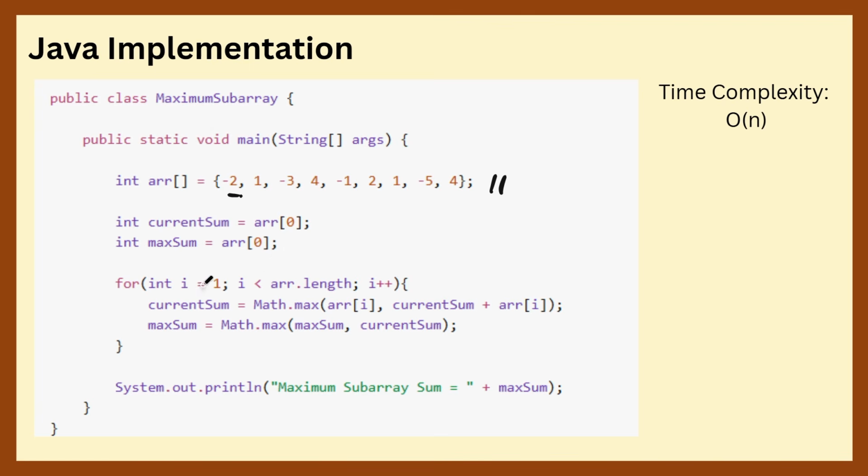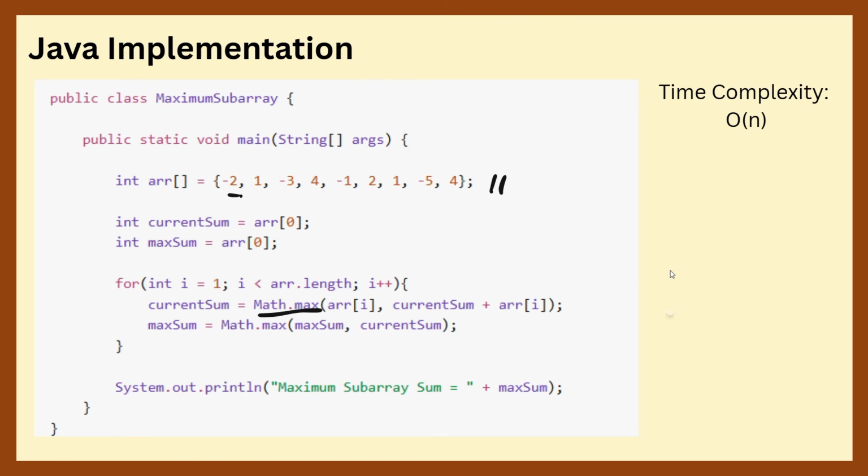We take one for loop to traverse the array, and we use our Kadane's algorithm formula: current sum equals Math.max, which gives the maximum value of array of i and current sum plus array of i, which compares with the previous elements, and in max sum we take the maximum of maximum and current sum. In this simple way we can get the answer as the maximum subarray sum.